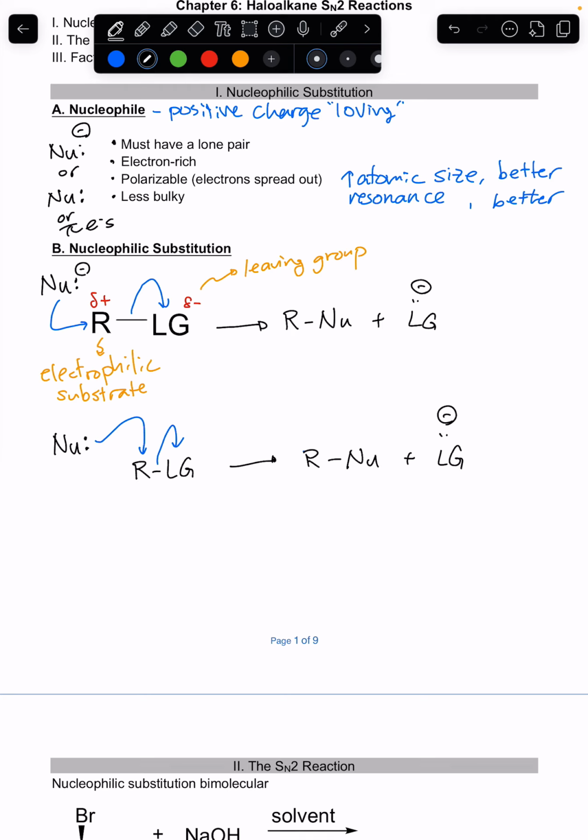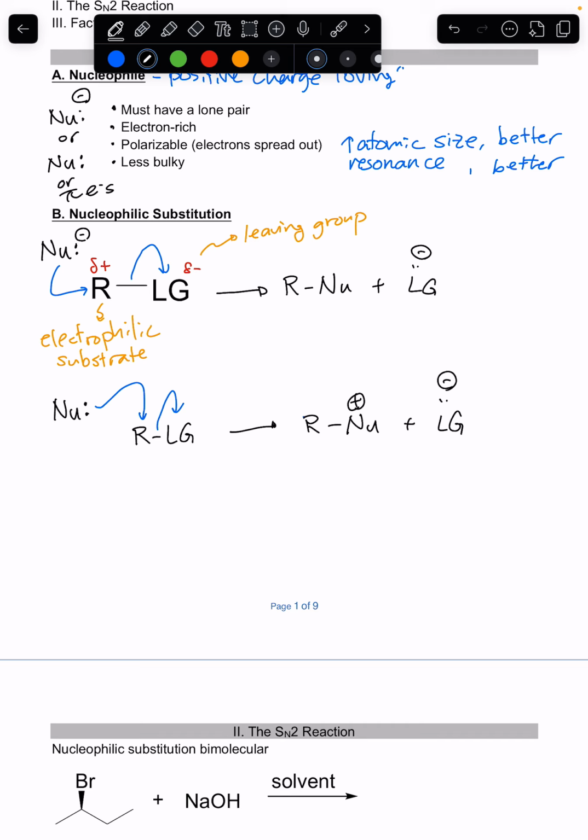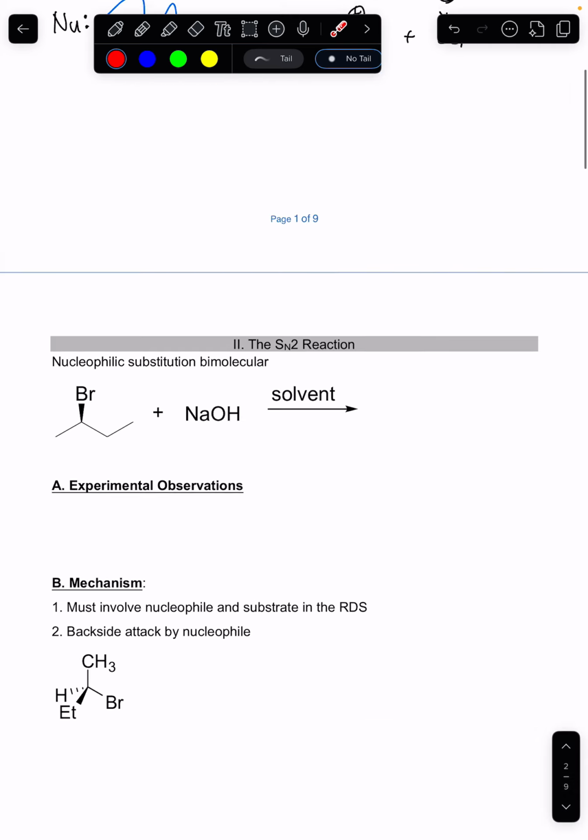But if the nucleophile didn't have a charge to begin with, you're going to have this. Between the two, can you guess which reaction usually happens more readily? That's the top, because you're going from one charge to one charge, from starting material to product. In the second case, you're going from neutral to a charged species, which is not as energetically favorable.